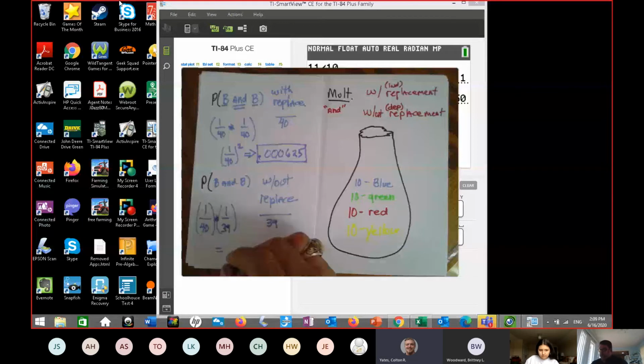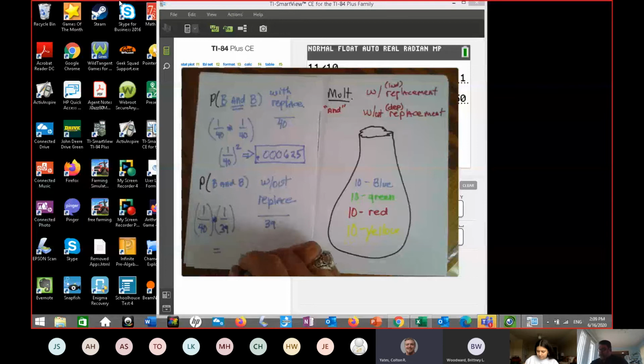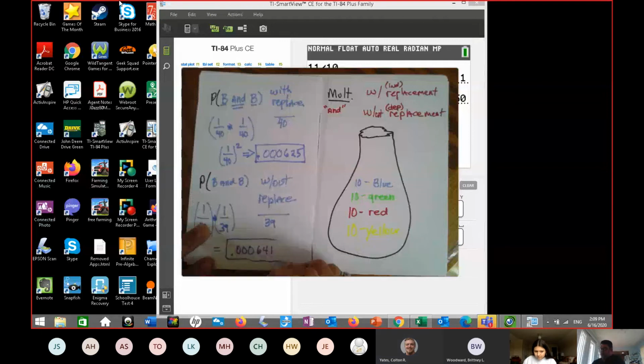Around the same thing, but it was 6.41 times 10 to the negative 4th: 0.000641. And you just said it's about the same thing.